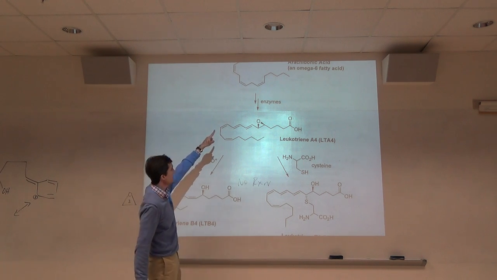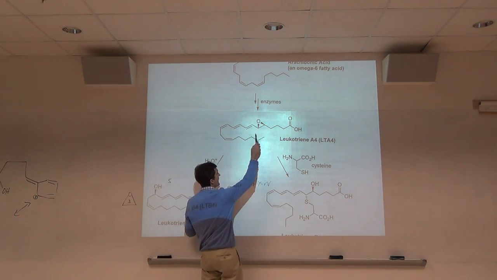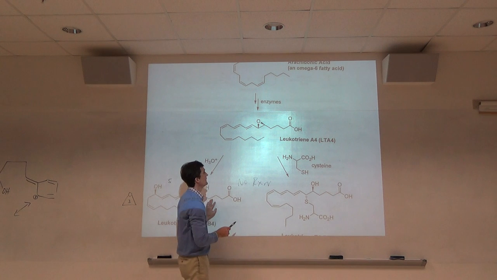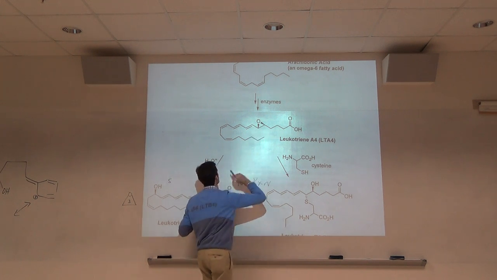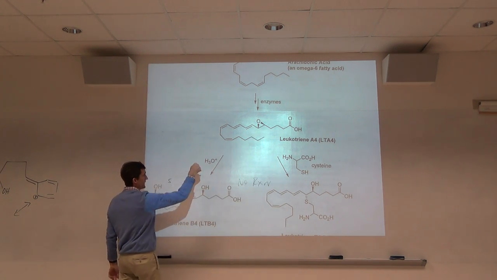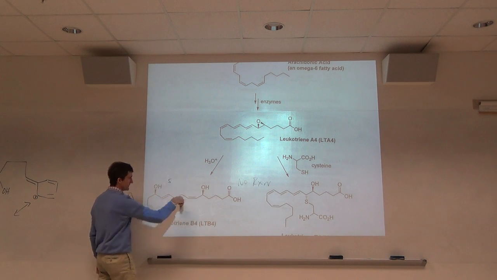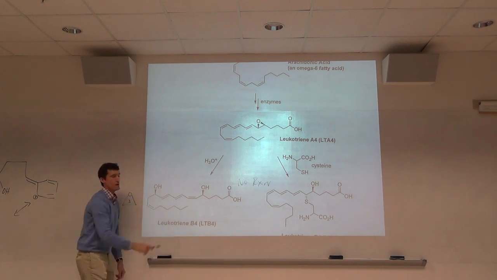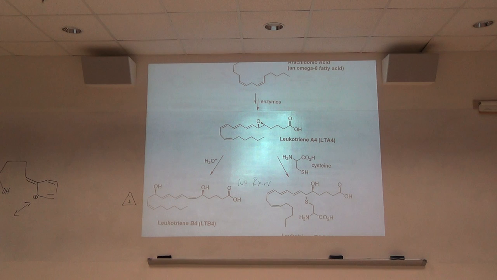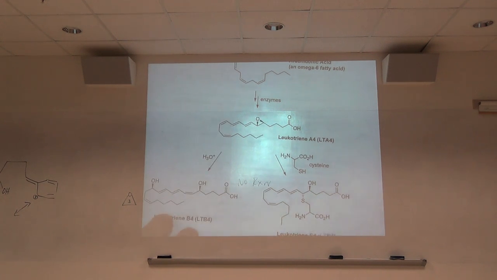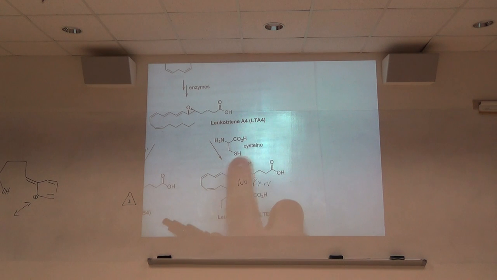They're made from arachidonic acid. Along the way, there's an epoxide formed right here. And then if that reacts with H3O+, you can get this leukotriene. Eventually, you should be able to look back at this and rationalize this chemistry. Or cysteine. Cysteine has a good SH nucleophile.